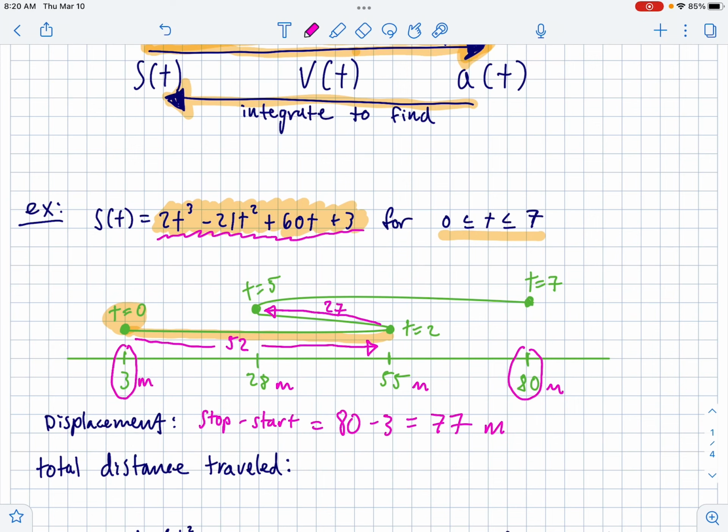So it goes back a distance of 27. Then from 28 to 80, it goes a distance of 52. Is that right? They're both 52? Yep, they are. So in terms of the total distance traveled, it first travels to the right 52, and then to the left 27, and then to the right 52 more, which is a total distance of 131 meters.